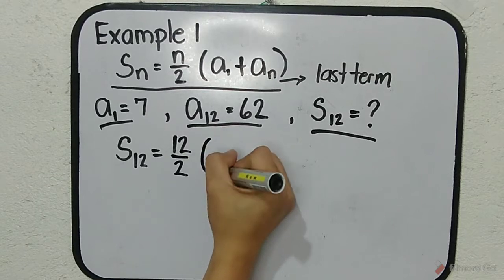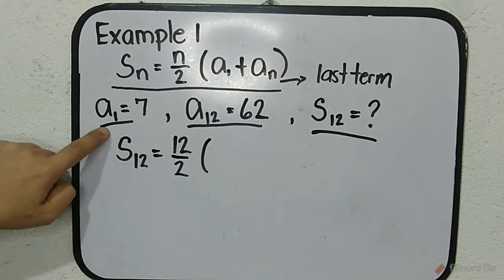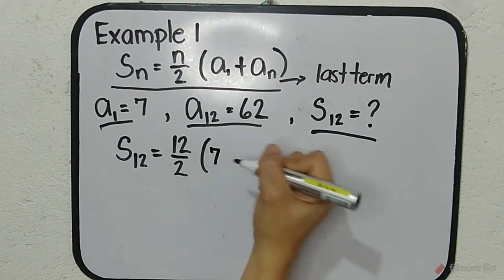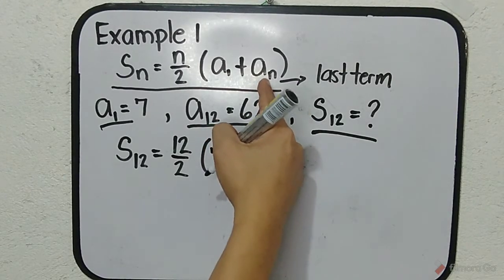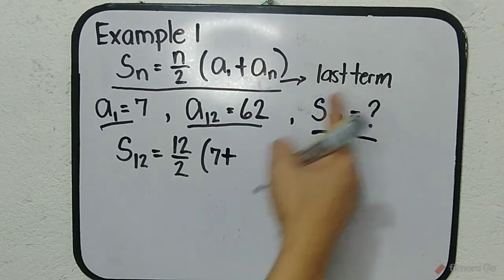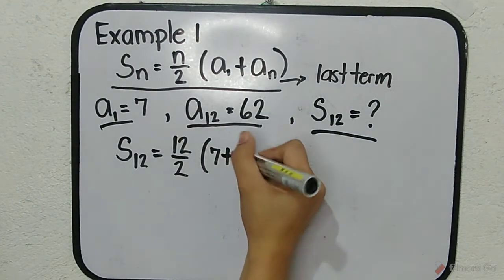Now, we have a sub 1. Ang a sub 1 natin dito class ay 7. So, we need to input 7 plus our a sub n. Ano nga ulit yung ating a sub n? So, that is our last term, and our last term here is a sub 12. So, 62.